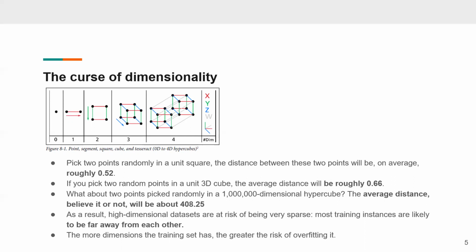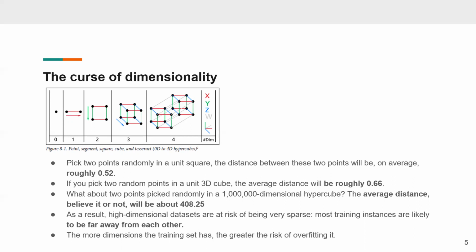It's just because in higher dimensional space you have more space, so even if you randomly pick 2 points, they're really far away, and the points are very sparse. Conceptually, that is what's going to happen.